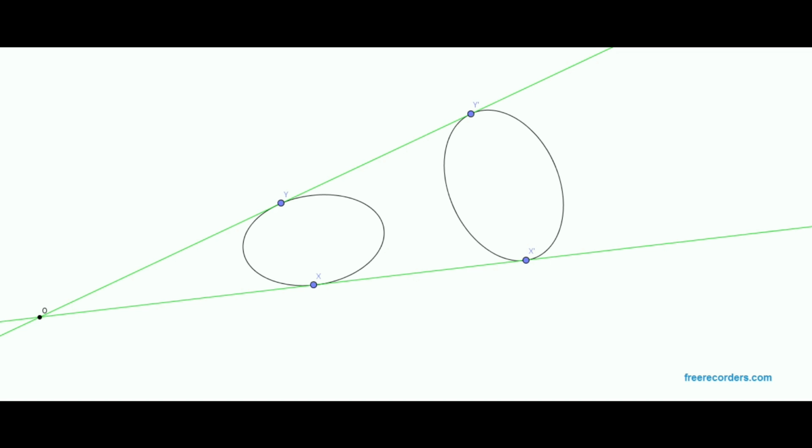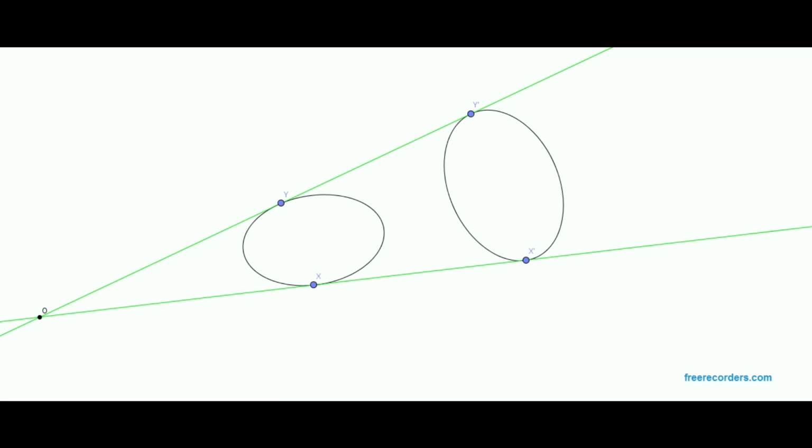Now, in projective geometry, there's a sort of mapping from the plane to itself called a homology. It's a special kind of projection, and it has 2 important properties that sort of define it. One is that there's going to be a special point O, such that every line through that point O is going to get mapped to itself.